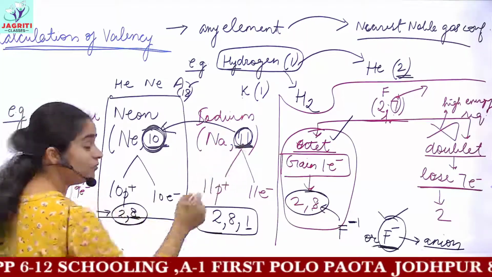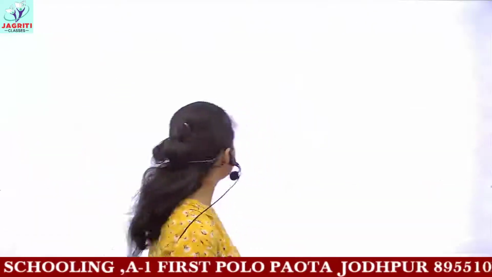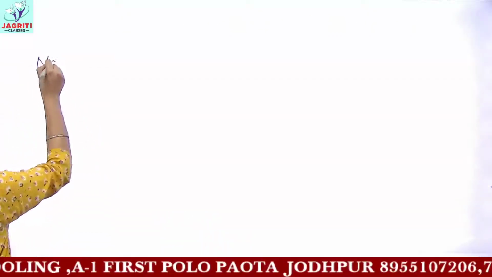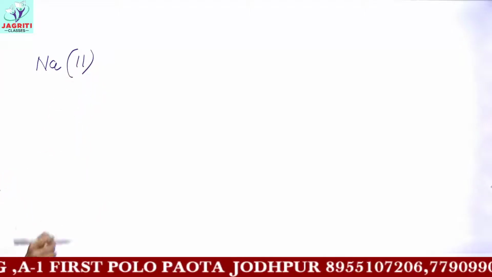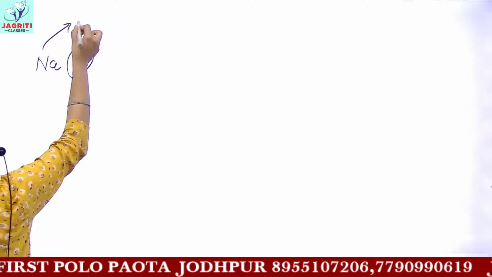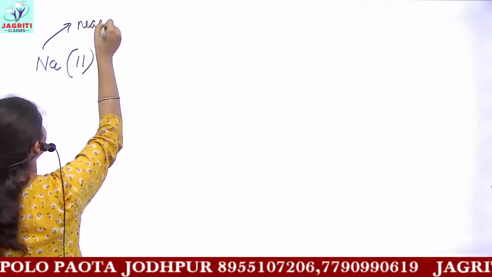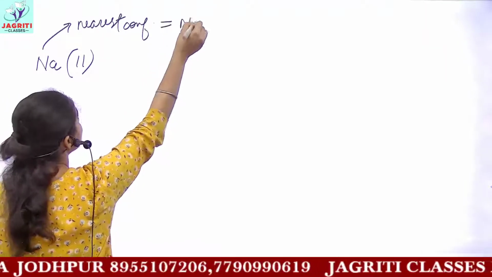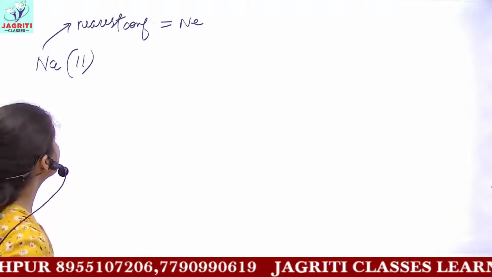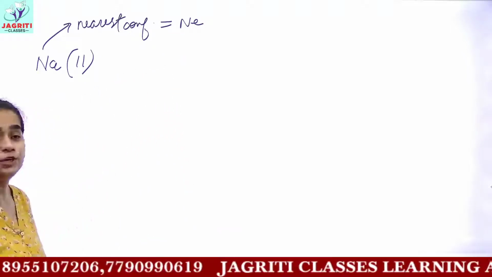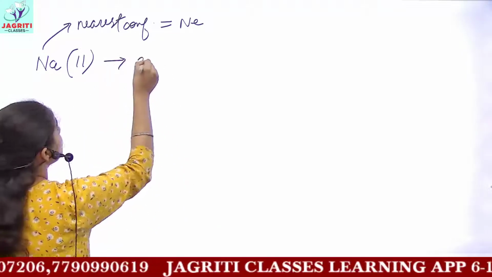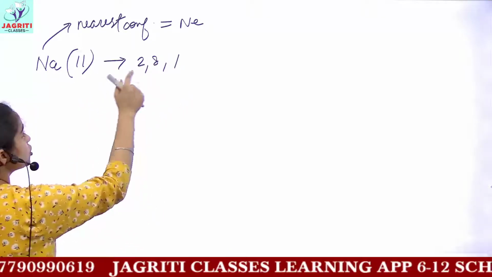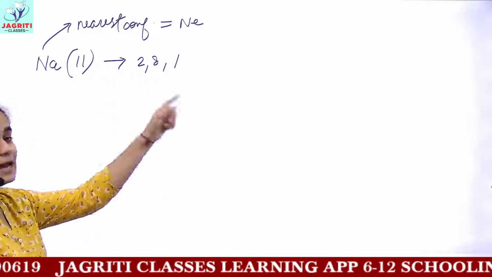When sodium loses its electron, we have sodium here, the atomic number of sodium is 11. Sodium tries to achieve the nearest noble gas configuration, which is of neon. For doing this, 11 electrons have an arrangement 2, 8 and 1.